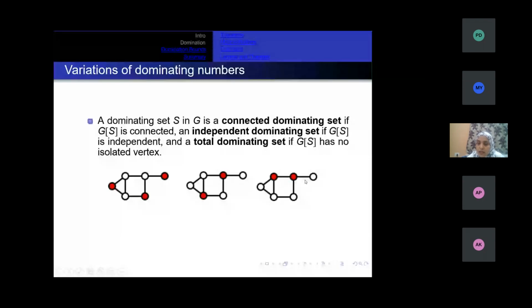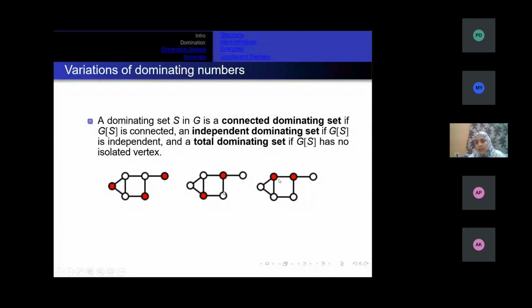Because first of all, they should be in a dominating set. They should be such vertices which dominate the whole graph. And next thing we have to see is that those dominating set vertices should be connected to each other. So these vertices are dominating the whole graph and they are also connected to each other. That's why this is known as the connected dominating set.